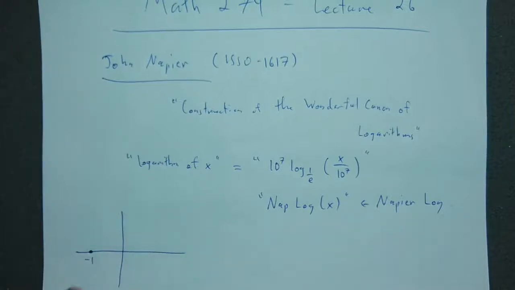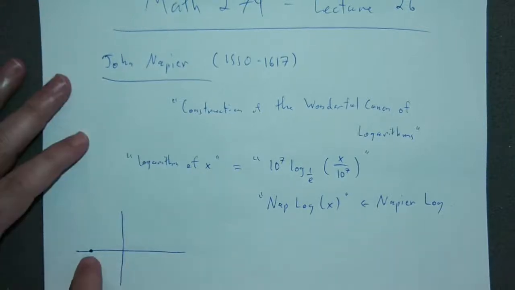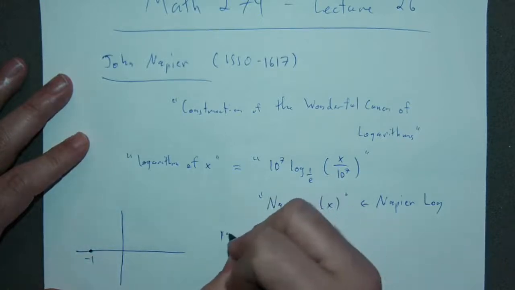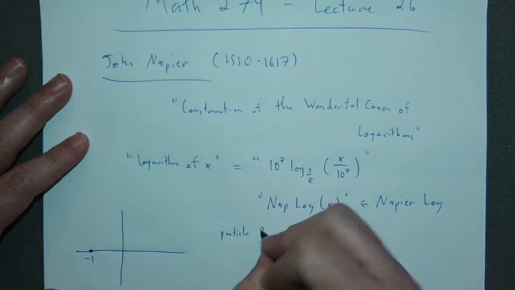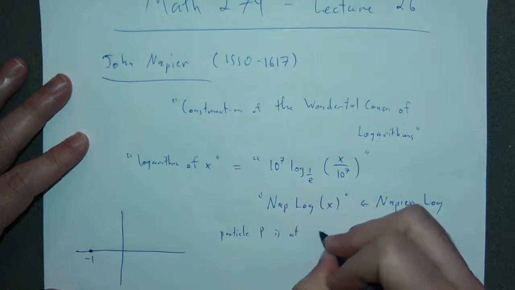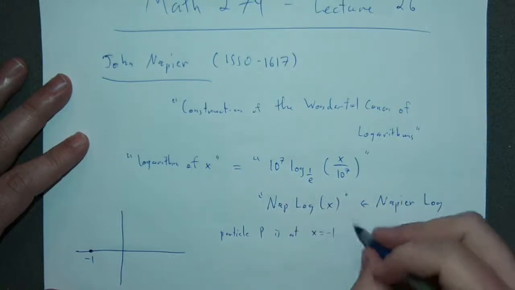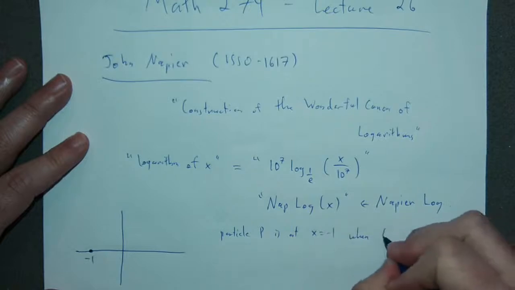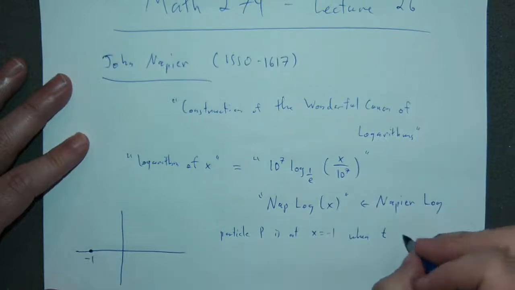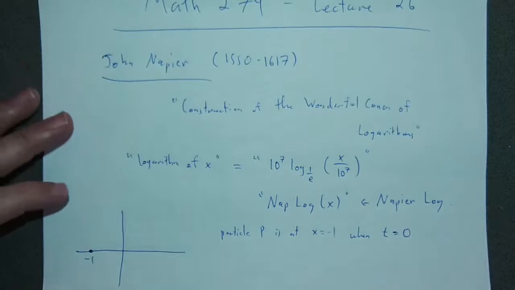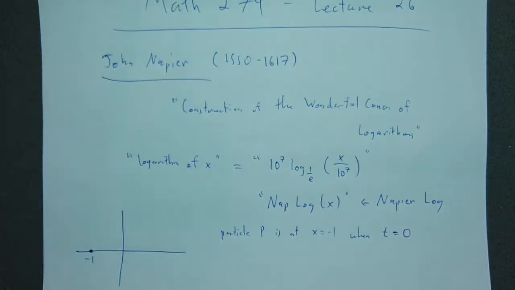I have initialized some particle P that's at x equals -1 when t, which we're thinking of as a time parameter, is equal to 0. So we have some initial time t when this particle is sitting at -1.